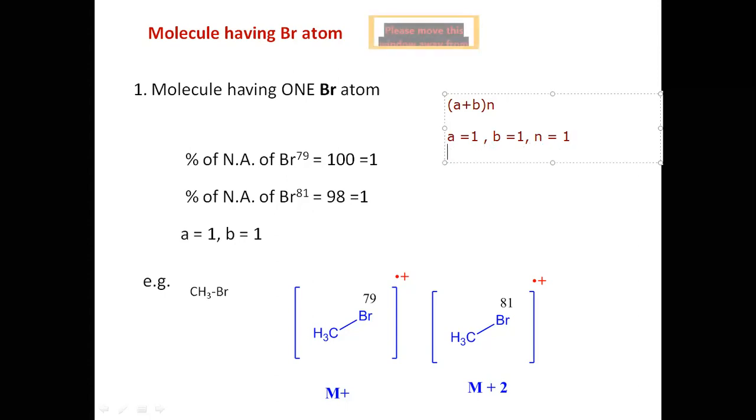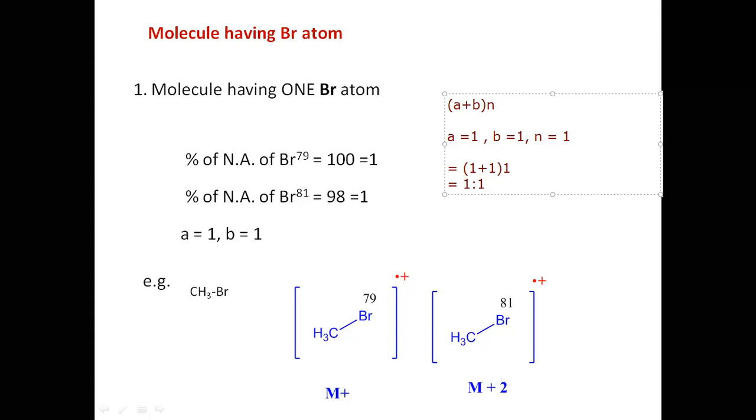So what is the ultimate ratio? If you write in the bracket (1 plus 1) to the power 1, binomial expansion, that will give you 1 is to 1. The ratio is 1 is to 1.